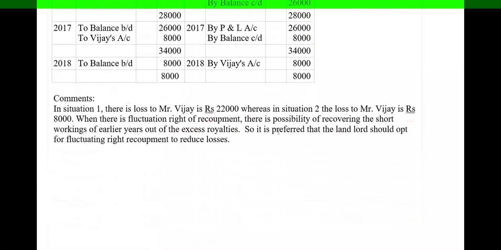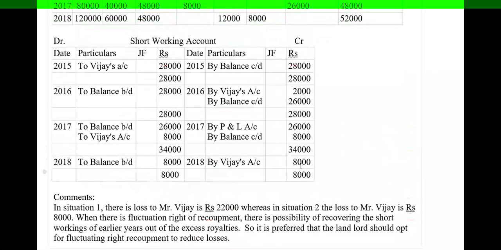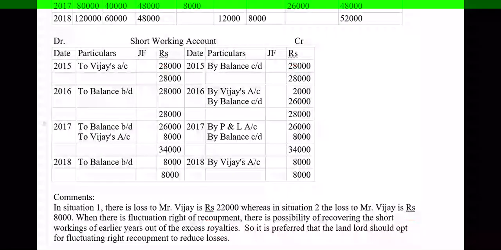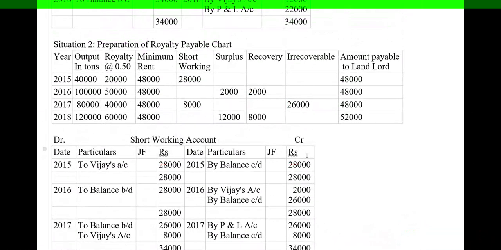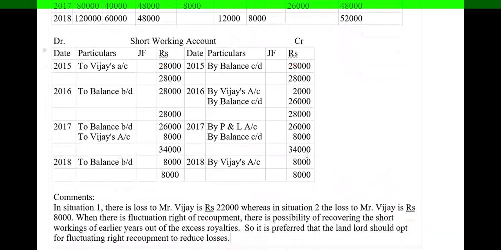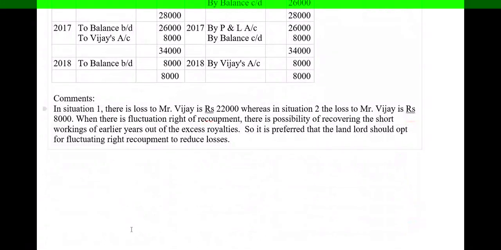So this is the comment which can be made here, because here there is a loss of rupees 26,000 which is recovered here. So he can reduce the loss when there is a possibility of reducing it. Thank you.